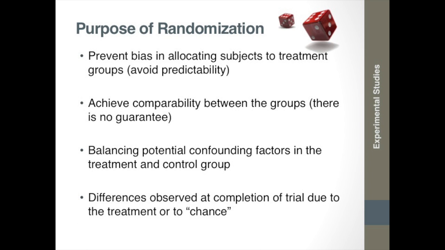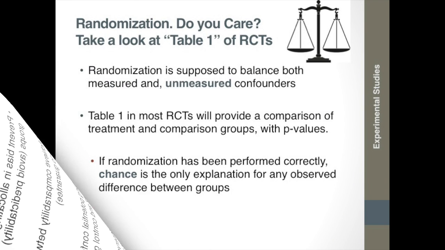The purpose of randomization is to prevent bias in the allocation of participants to the study groups. Randomization balances potential confounding factors across the groups in a way that any differences observed between treatment and control are due to the treatment per se or to chance.